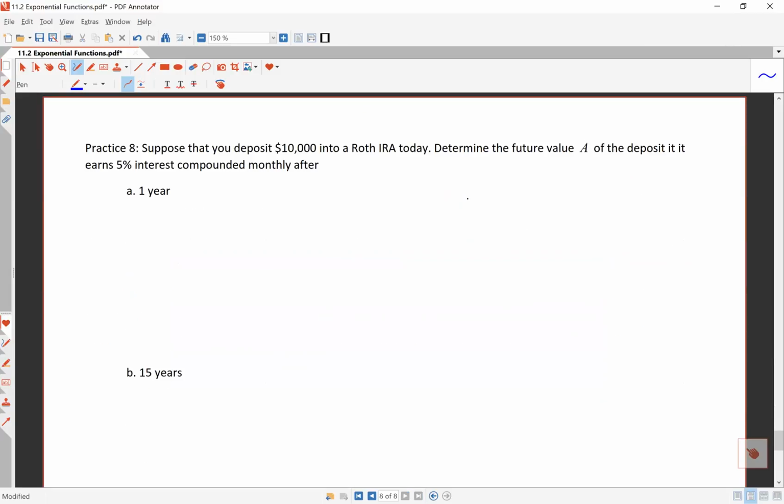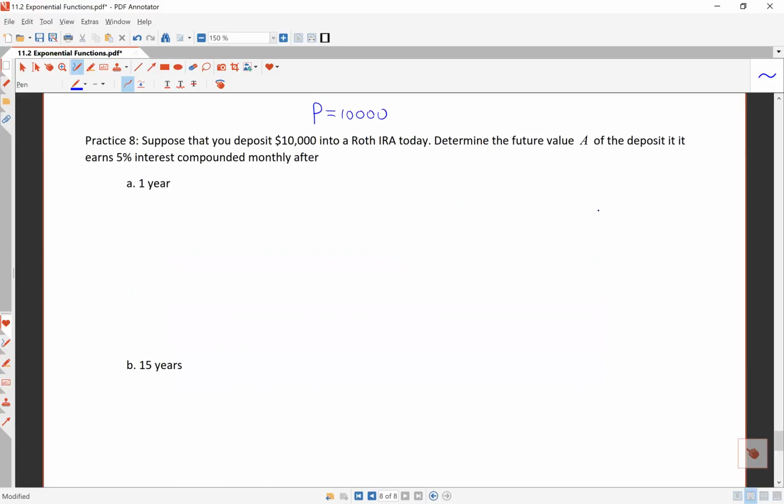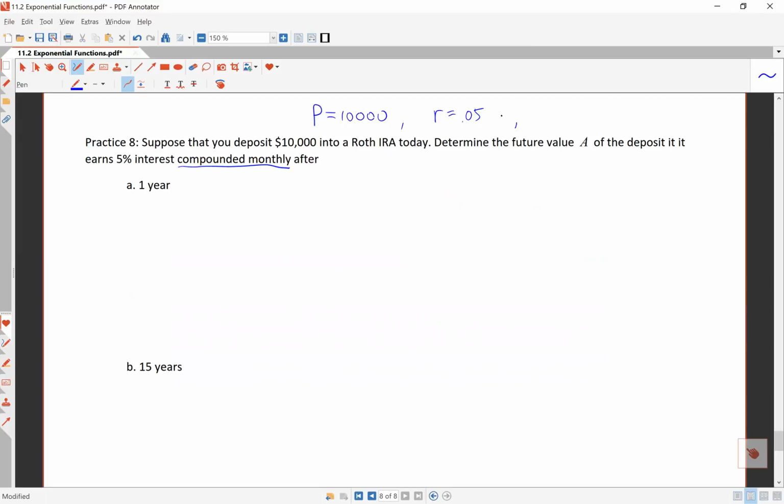So suppose that you deposit $10,000 into a Roth IRA. The principal is $10,000. We want to determine the future value A of the deposit if it earns an interest rate of 0.05. We're going to compound monthly, so N is equal to 12.